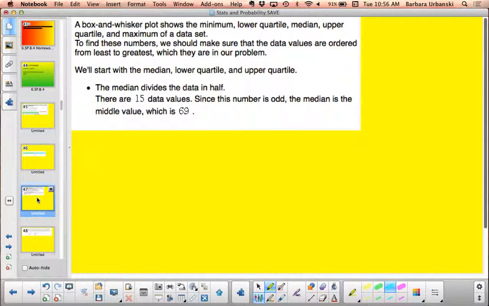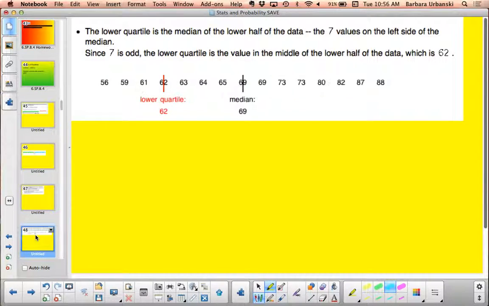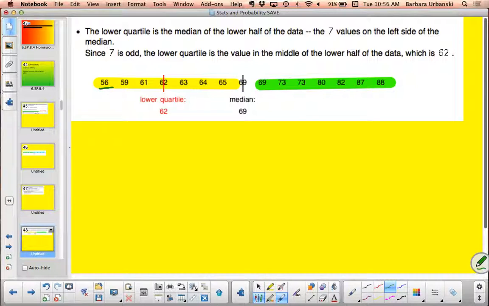We're going to go ahead and just work through this section. So we looked at our lower half, which was here. Then we looked at our upper half, which was here. Finding the median, the middle number, we do the same thing. We'd look at 56, 65, 59, 64, 61, 63. And then we get to our lower quartile, which is 62.